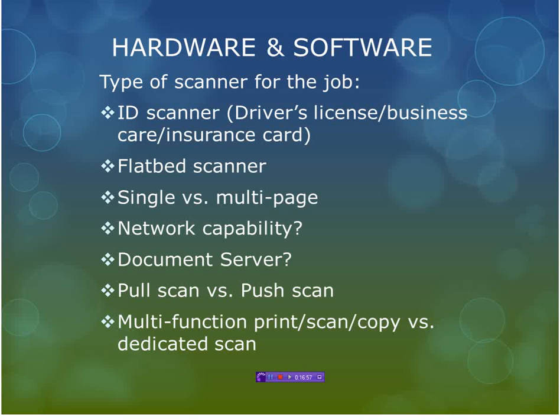And of course, this increases a lot of efficiency because you could put several different document types for several different patients in the scanner all at the same time and press the button, and it will automatically put it where it needs to go, which is great.